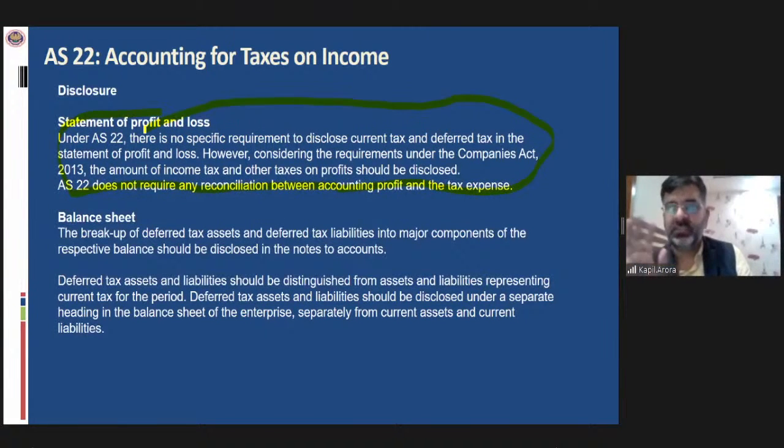Whereas the reconciliation is not required. Reconciliation, in the sense of what was the reason for those deferred taxes, is not required. So what is there in the balance sheet? We have already discussed: in the balance sheet, we show the deferred tax asset and deferred tax liability. If we have different types of deferred taxes, in some cases coming as deferred tax asset and in some cases as deferred tax liability, they should always be shown separately.